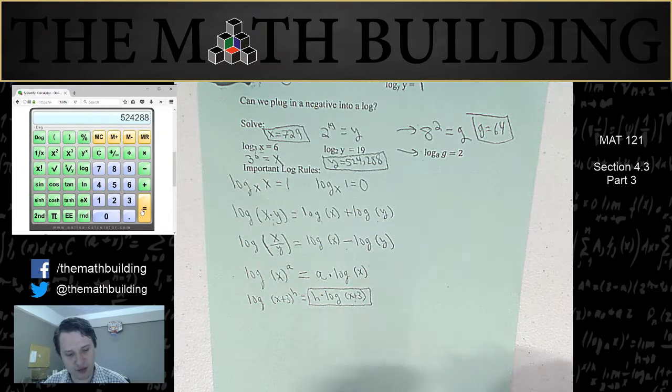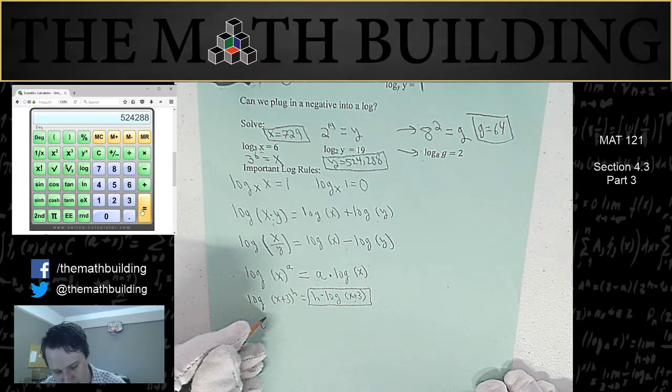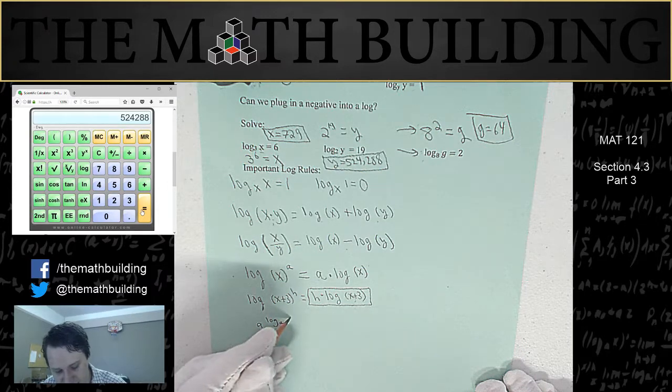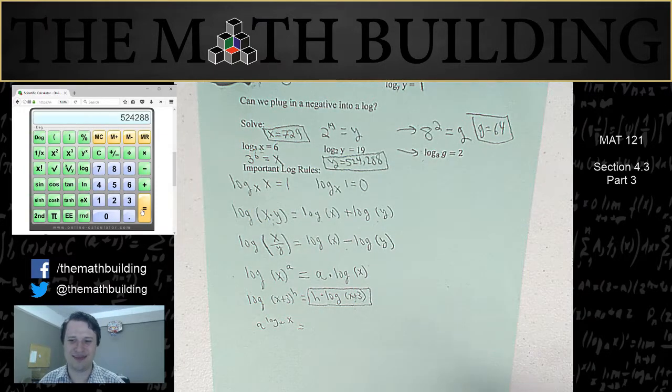Finally, there's one last rule. We don't use this one very often, but it's a good one to know: a to the log base a of x. It looks kind of weird, but the answer should make you very happy.